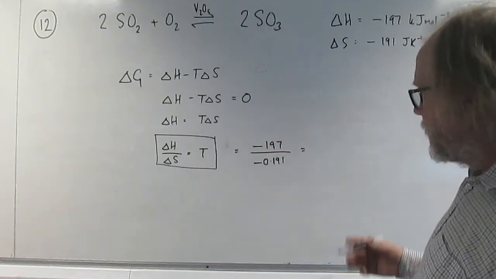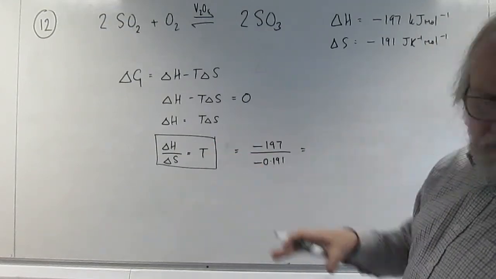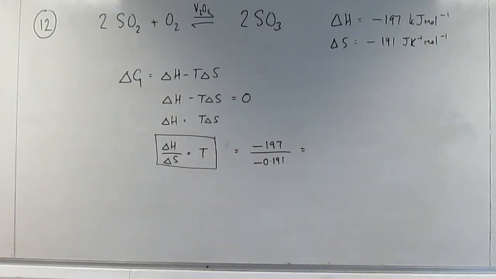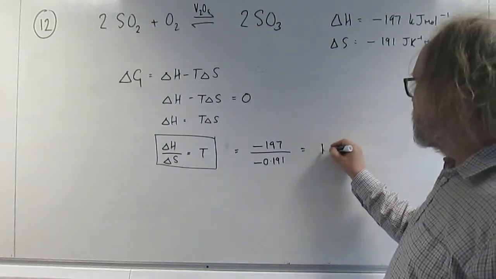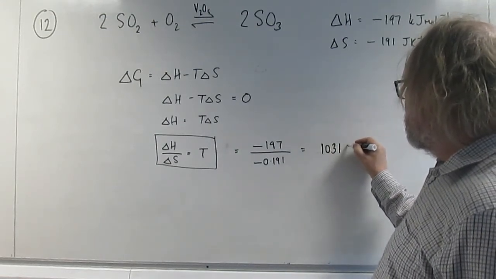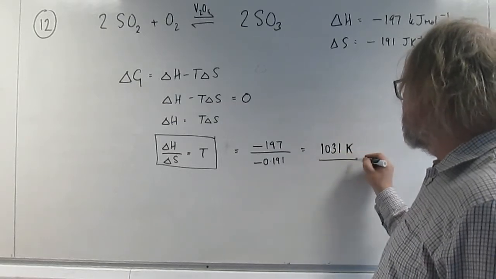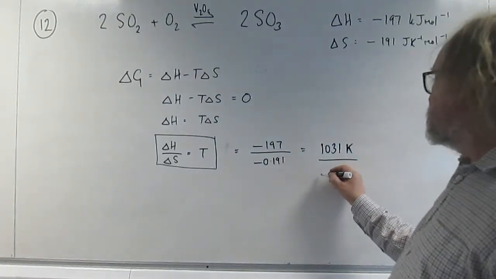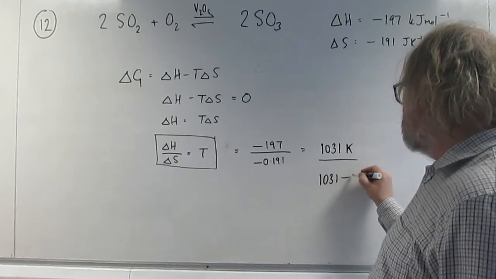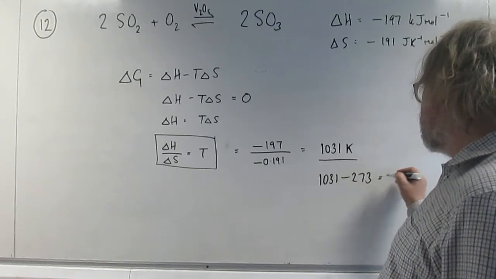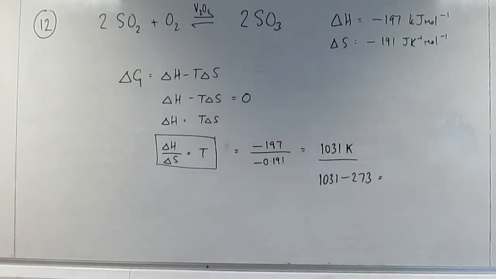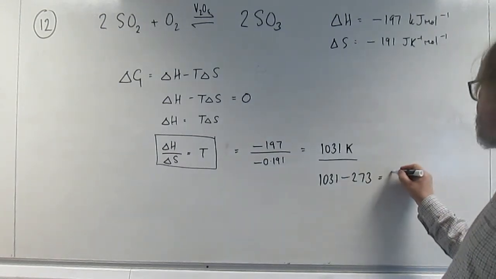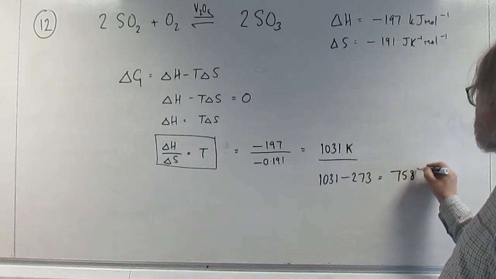It's a negative divided by a negative, so you get a positive answer, which it must be, because the absolute temperature must be positive, and that comes to 1031 Kelvin. But the answer line asks for it in degrees C, so we get 1031 minus 273, which is how you convert Kelvin into degrees C, and that comes to 758 degrees C.